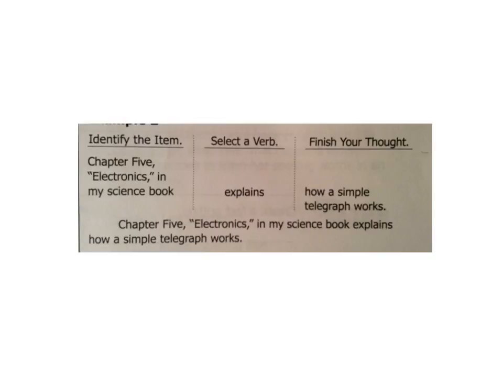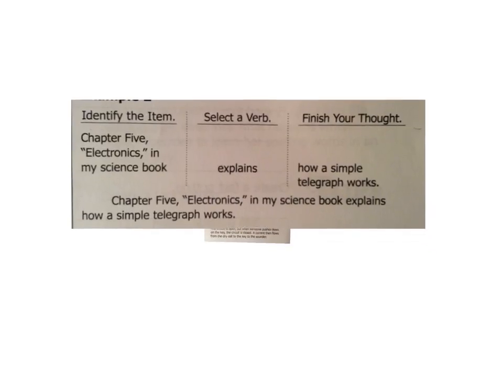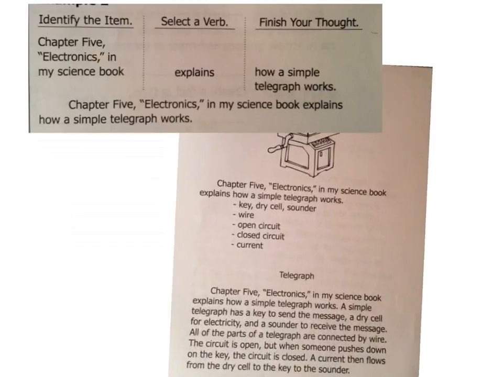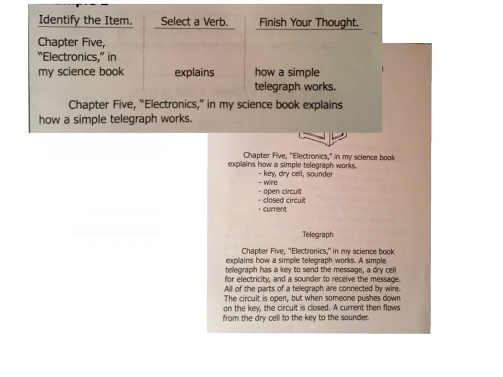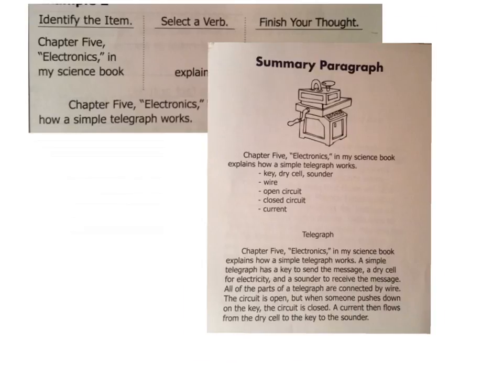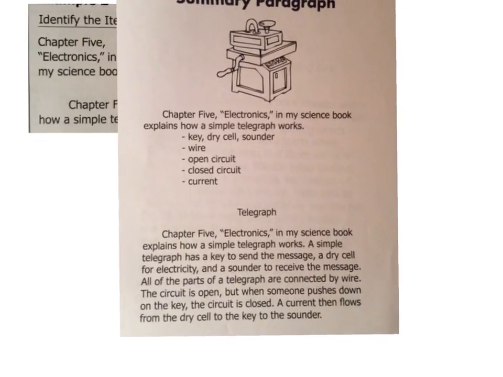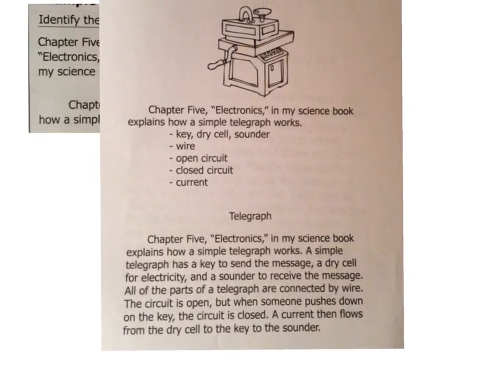Now what we're going to do is take that topic sentence and look at how we can use that to come up with an outline and then put that into a summary paragraph. So if we move this to the front and take a look at it, let's enlarge it here. So here's our summary paragraph. There is our topic sentence right here. Chapter 5 Electronics in my science book explains how a simple telegraph works.